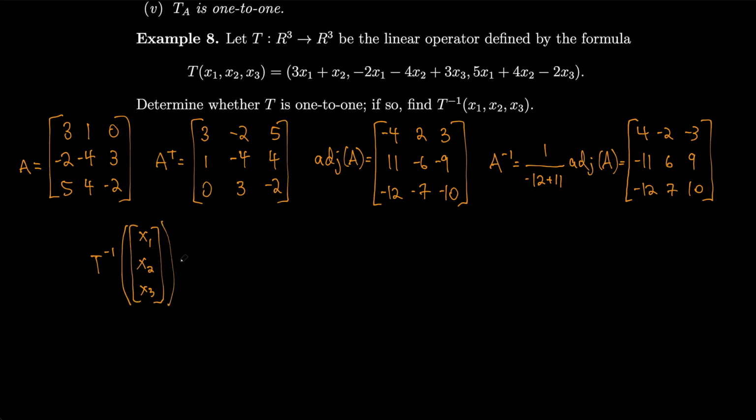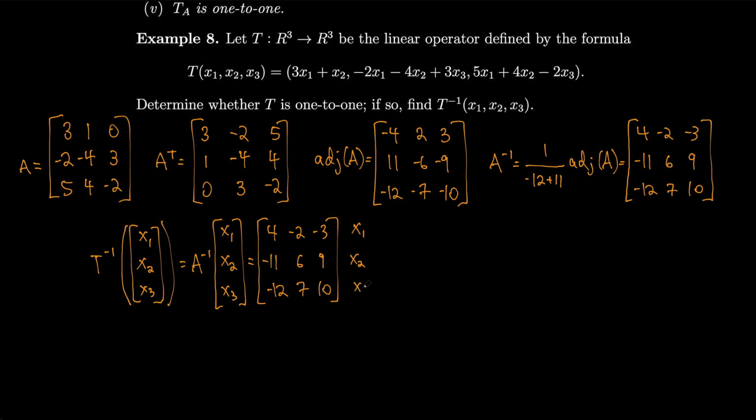I take T inverse, apply it to that, and I get A inverse times x1, x2, and x3, which is the same thing as [4, -2, -3; -11, 6, 9; -12, 7, 10] times x1, x2, x3, which is 4x1 minus 2x2 minus 3x3, minus 11x1 plus 6x2 plus 9x3, and minus 12x1 plus 7x2 plus 10x3.